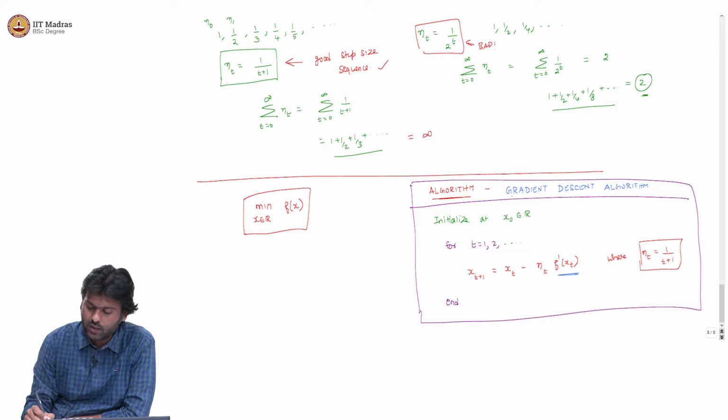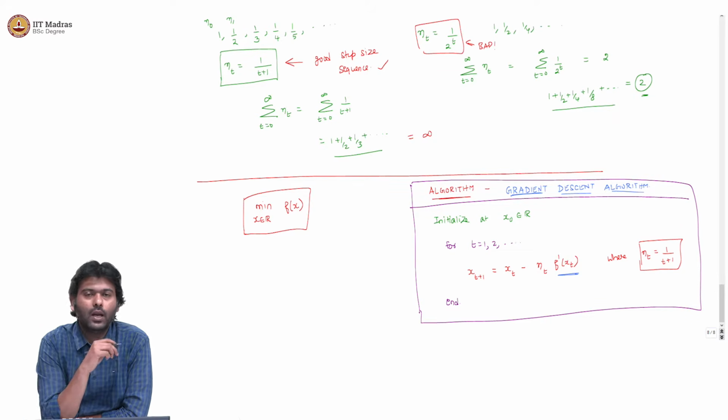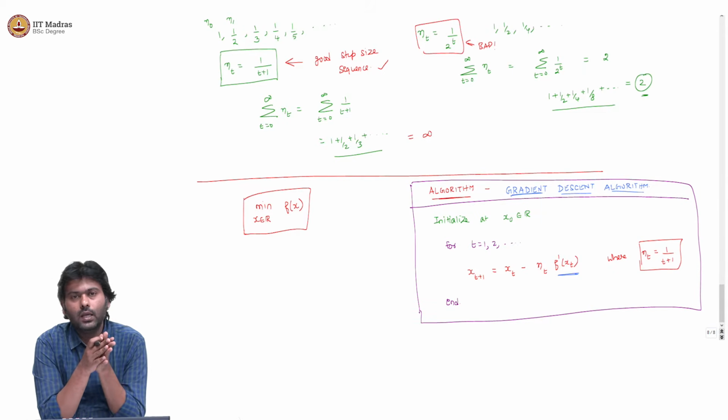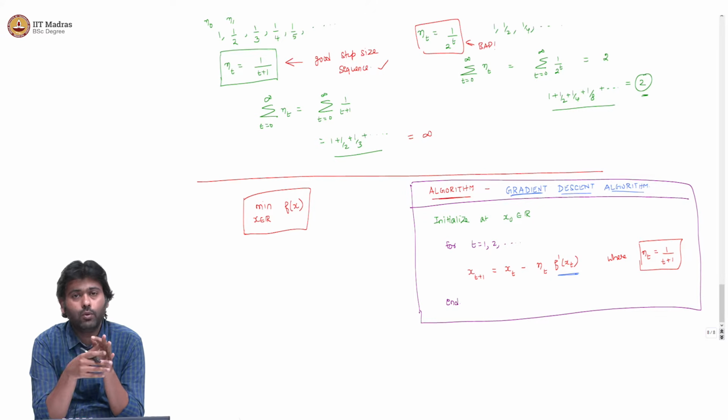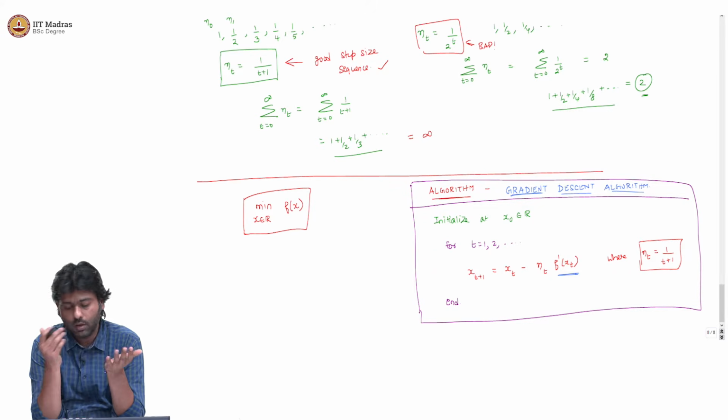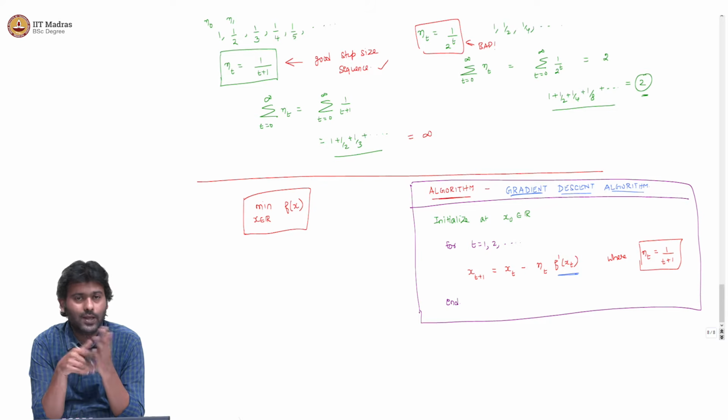But why is it called the gradient descent algorithm? Well, the name gradient can be thought of as a generalization of the derivative to higher dimensions. We did not talk about higher dimensional examples when we came up with this algorithm. We will talk about that next, but it is a general algorithm.